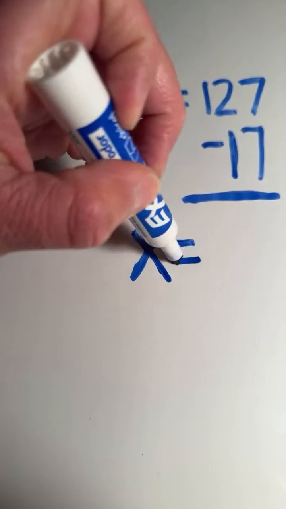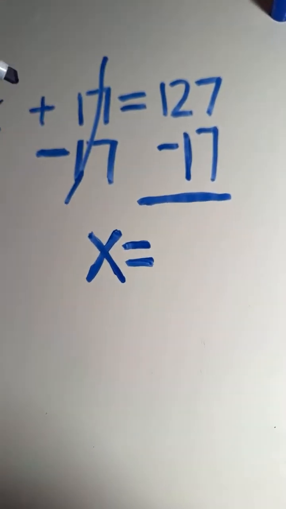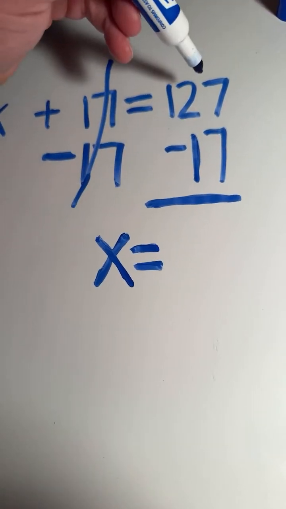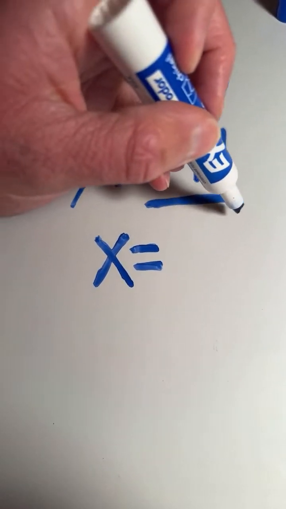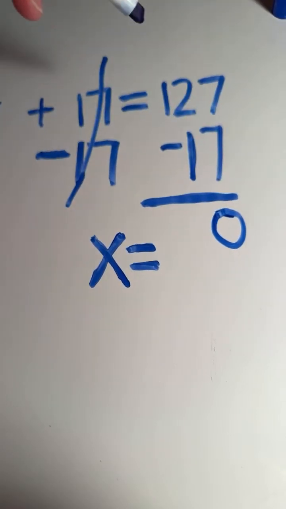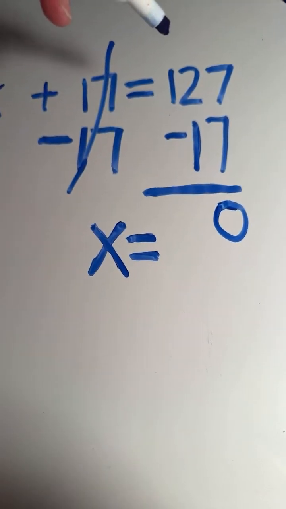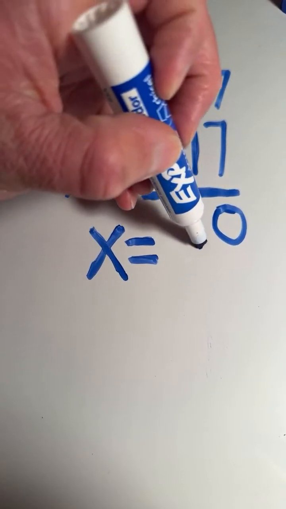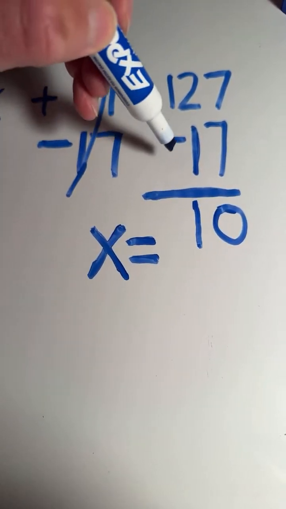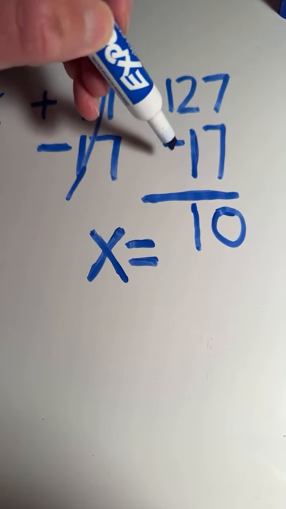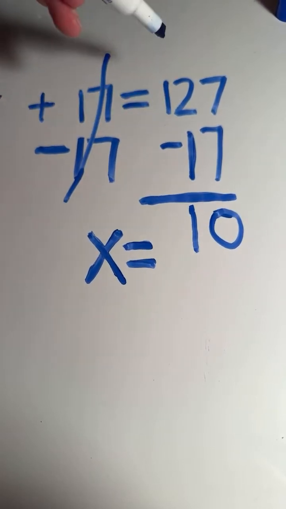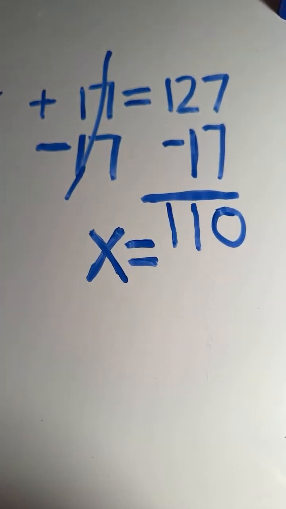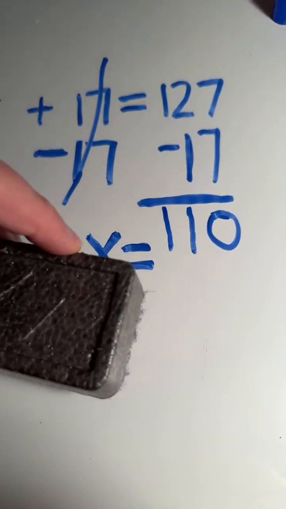So to find out what x equals, I have to subtract 17 from 127. 7 minus 7 equals 0. 2 minus 1 equals 1. There's nothing in the hundreds place. When we don't see anything in the hundreds place, we assume there's a 0 there. 1 minus 0 also equals 1. And we have our answer, x equals 110.